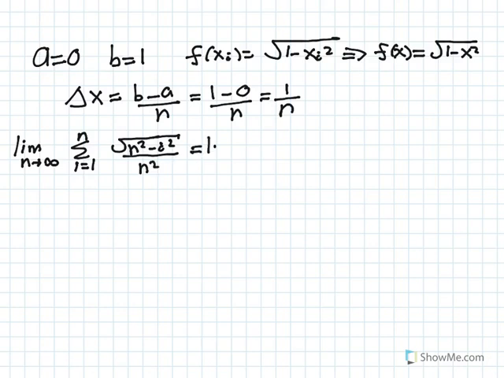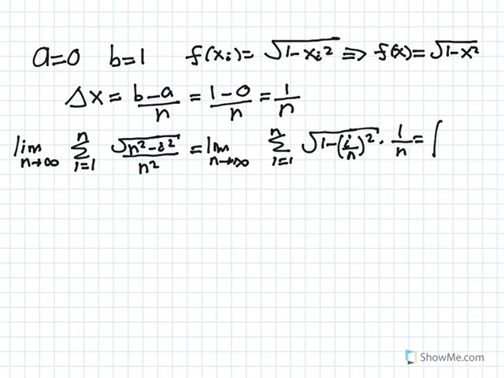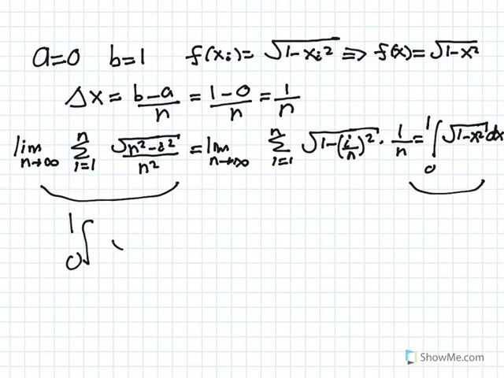We did some algebra and we produced the limit as n goes to infinity, i goes from 1 to n, root of 1 minus i over n all squared times 1 over n, and that is the definite integral from 0 to 1 of root of 1 minus x squared dx. So we were able to transform the Riemann sum into a definite integral, and the definite integral that we have is 0 to 1 root of 1 minus x squared dx.